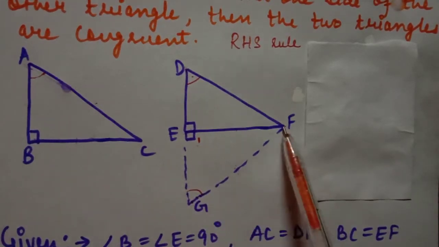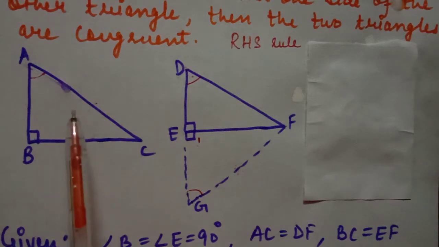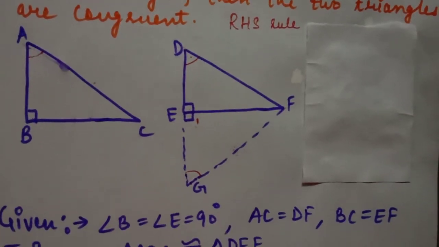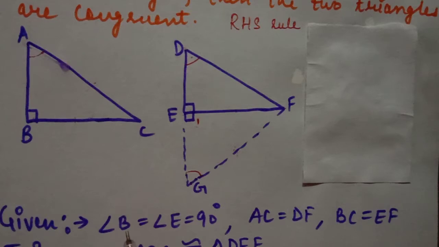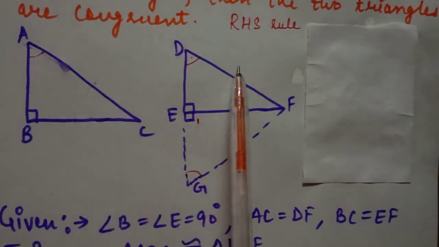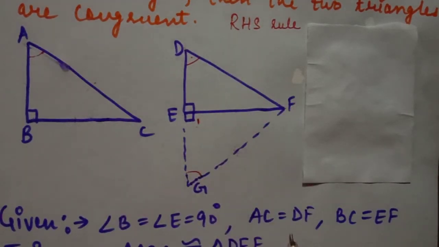Then join GF. Now, first of all, we have to take these two triangles for congruency, because students, you know very well why I am taking these two triangles. In this theorem, what is given? Angle B and angle E are 90 degrees. Hypotenuse AC and DF are equal to each other. One side BC and EF are also equal to each other.